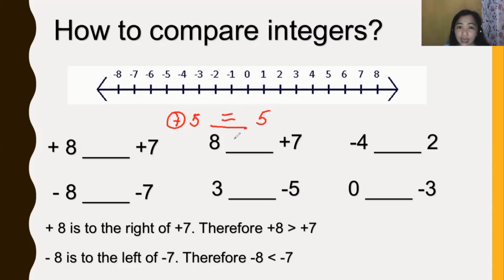Parehas lang sila. Kahit mayroon siyang symbol na ganito at yung isa ay wala, they are equal. How about positive 5 and negative 5? Less than or greater than? Okay, it is greater than. Positive numbers are always greater than negative numbers.